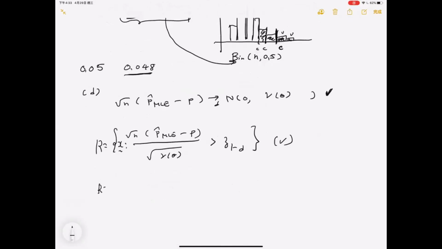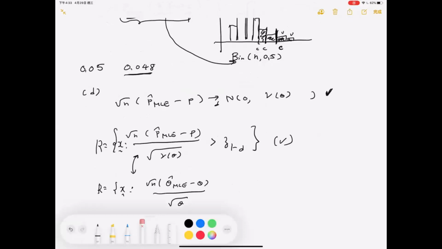You'll be able to do this because they are just a one-to-one transformation. So this one will give you the same testing as well. Square root of theta squared becomes theta, and the transformation is one-to-one.